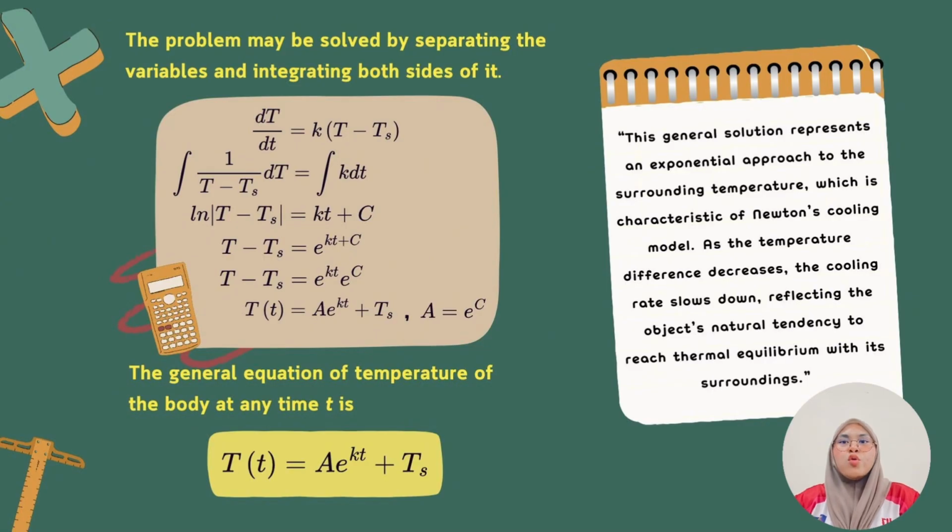After rearranging, we obtain the general solution T(t) = A e^(kt) + Ts. This expression represents an exponential approach to the surrounding temperature, which is characteristic of Newton's cooling model. As the temperature difference decreases, the cooling rate slows down, reflecting the object's natural tendency to reach thermal equilibrium with its surrounding.